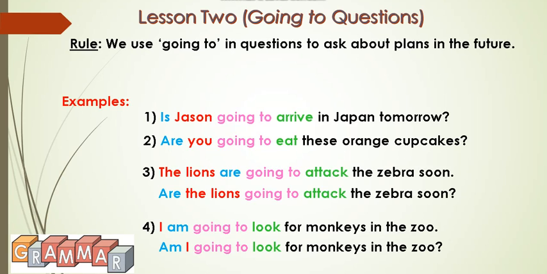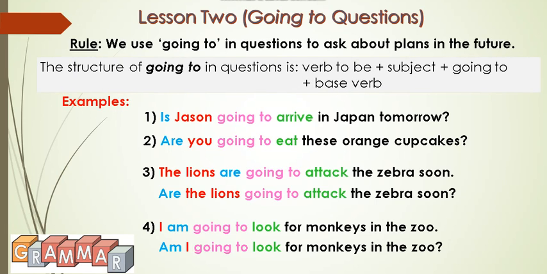As you can see, the structure of the sentence changes in a question, unlike the statement. So the structure of going to in a question is verb to be. In a question, you must start with the verb to be. Verb to be, then the subject follows, plus going to plus the base form.